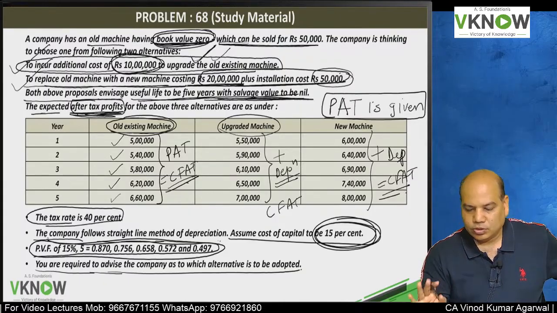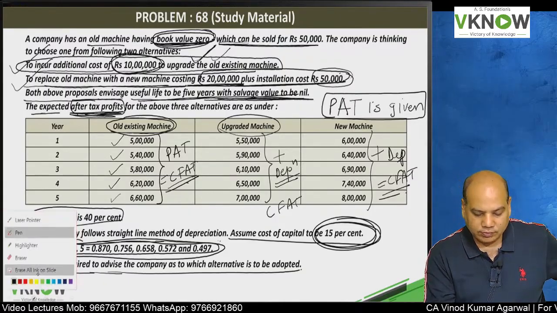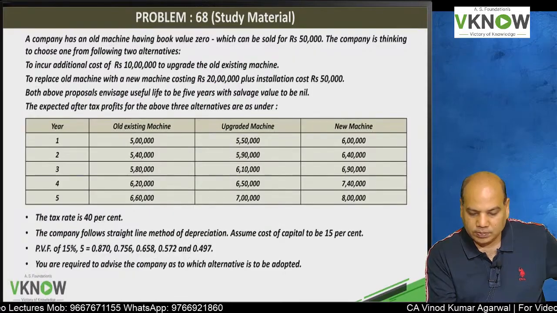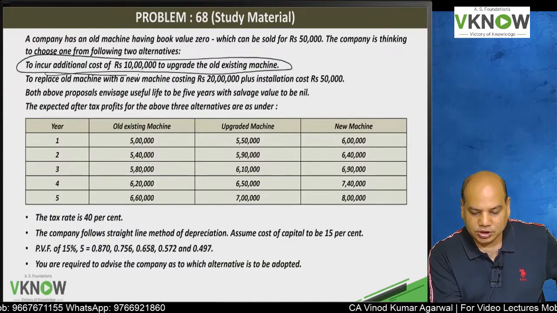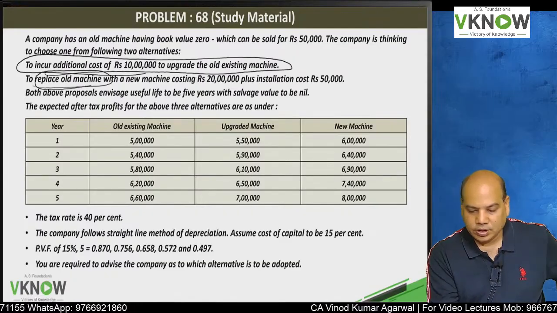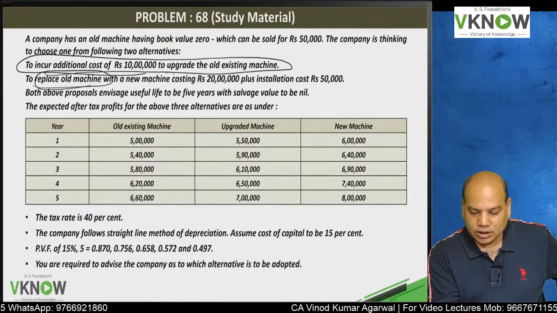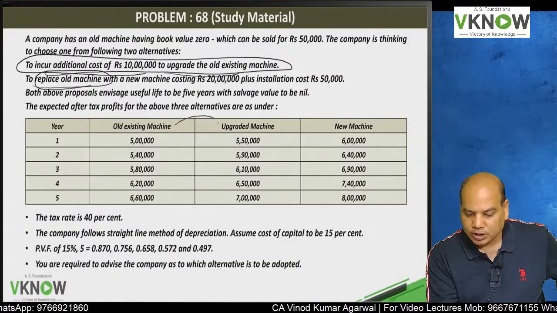Okay. So I will solve it twice. First option, I will write, upgrade the existing machine, and second option, replace the old machine. If I try this option, I will have to compare these two.